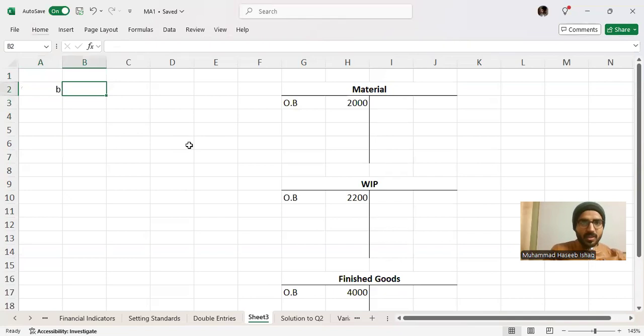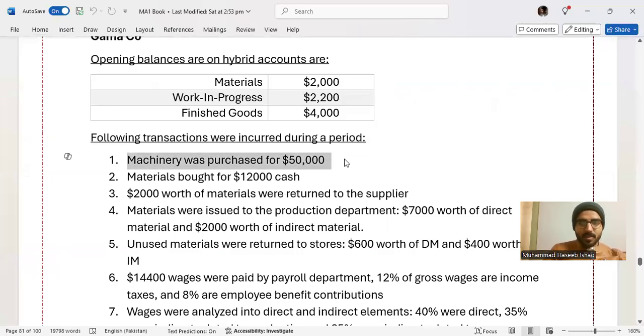So the first transaction is about the purchase of machinery. Machinery is obviously an asset. You must remember that an expense is not recognized whenever you purchase a non-current asset. Machinery is a non-current asset, so that is why expense will not be recognized for it other than depreciation. Depreciation will be recognized as an expense.